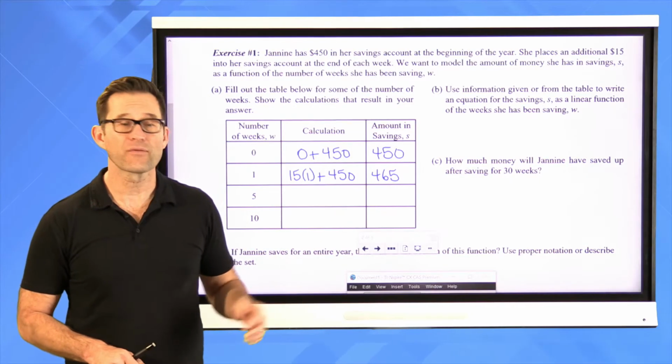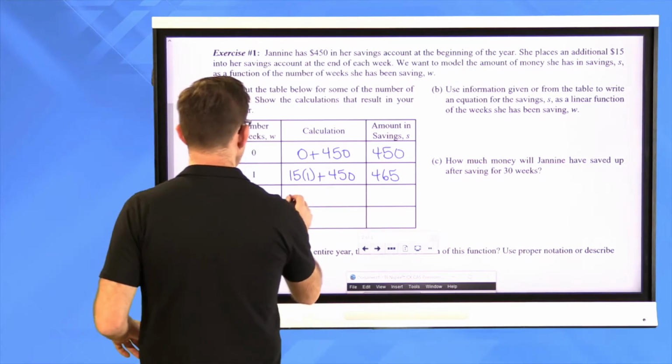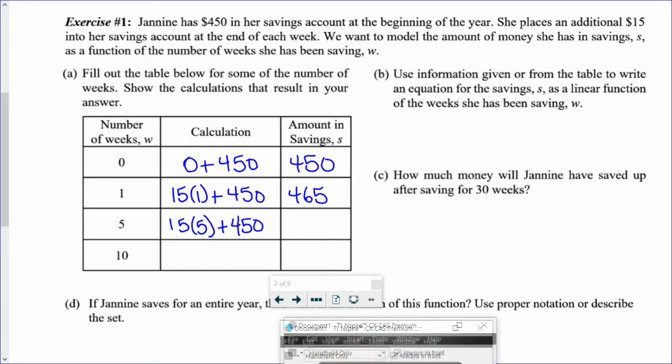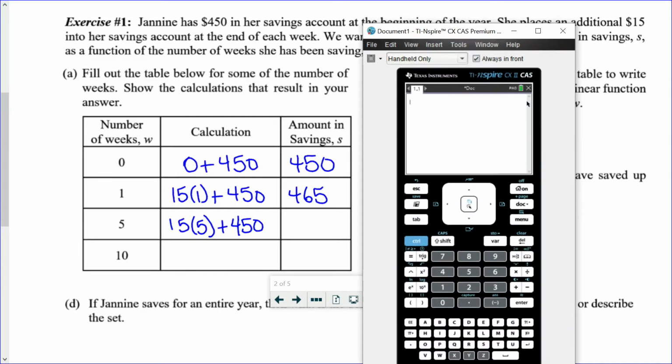All right, well, after 5 weeks, she will have put in 5 of those deposits of $15, and then she'll have that original $450. We could figure out what 5 times 15 is, it's $75, but we can actually do it all in one calculation on our calculator. 15 times 5 plus 450 tells us that at the end of 5 weeks, she's going to have $525.